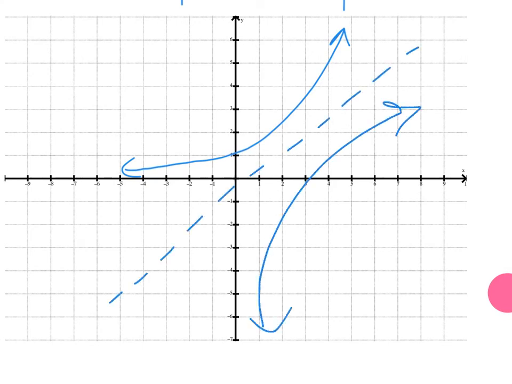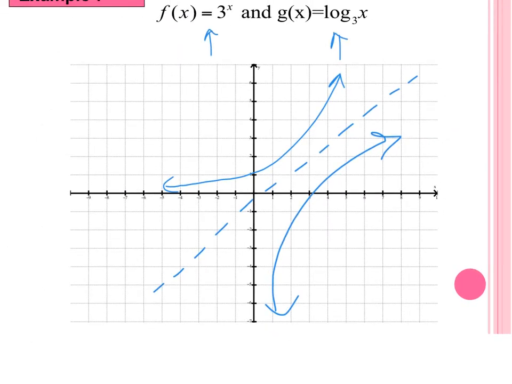Because it reflects over that line. If you did a table of values, you would know that, but you should know the general direction. It's a positive, there's no flipping or anything. So our positive growth curve gets really, really close to y equals 0 and just gradually goes up. Our inverse, the logarithmic, gets really, really close to x equals 0 and goes up. Yes, ma'am? Is log always going to be decreasing?